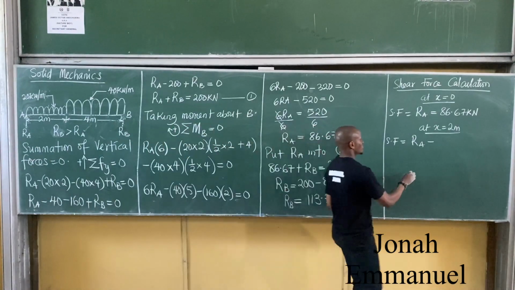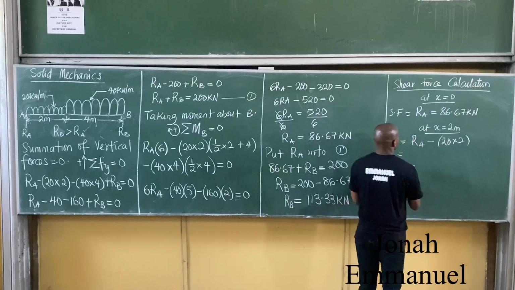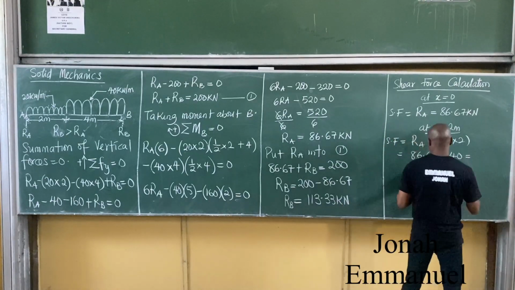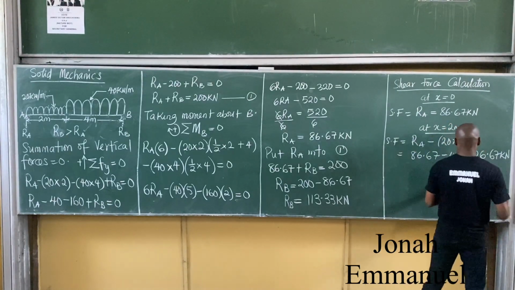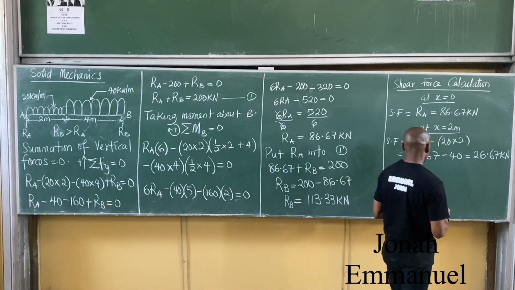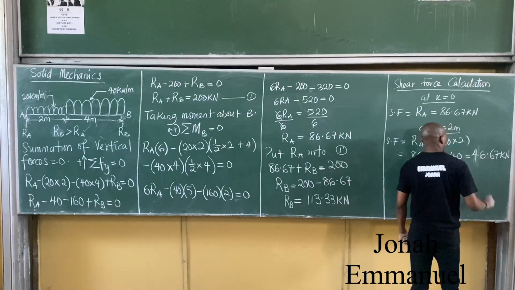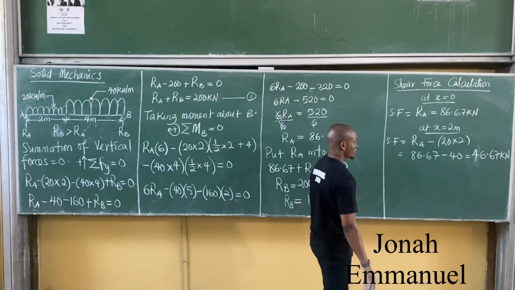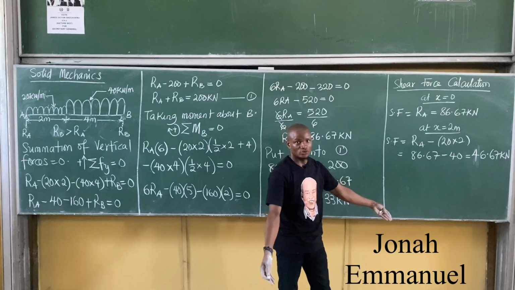So shear force is RA minus 20 times 2, which is 86.67 minus 40. That gives you 46.67. Of course, there's no condition, because there's no point load.